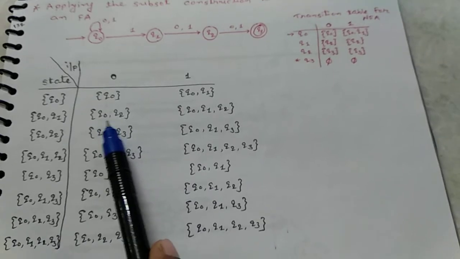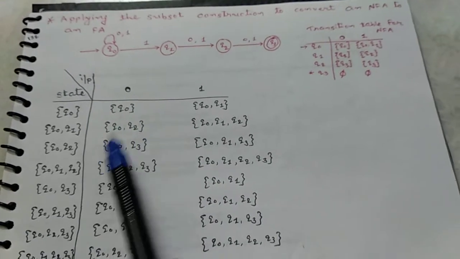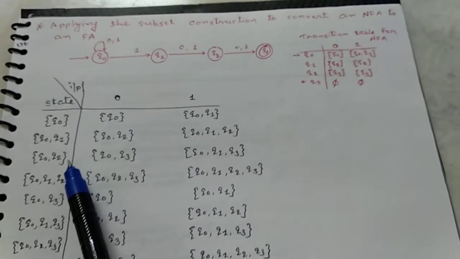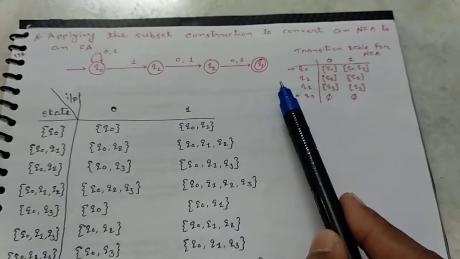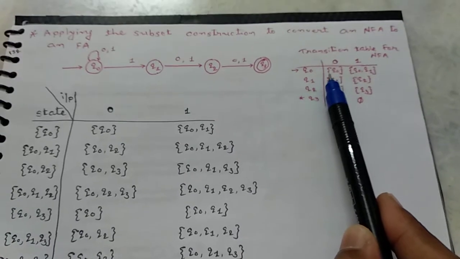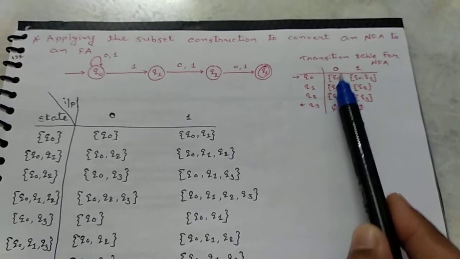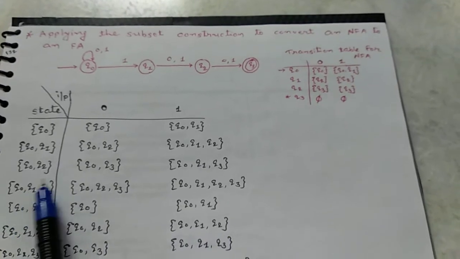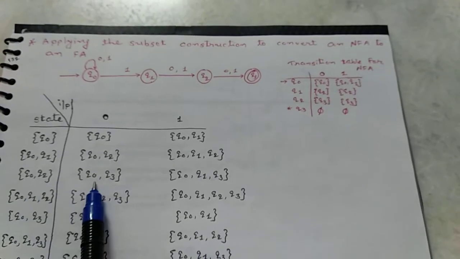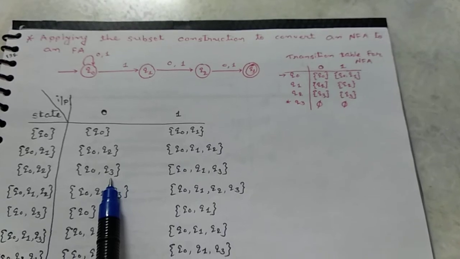Now Q0, Q2 is a new state, so find the subset construction for Q0, Q2. Q0 on 0 you have Q0, and Q2 on 0 you have Q3. So Q0, Q2 on 0 is Q0, Q3.